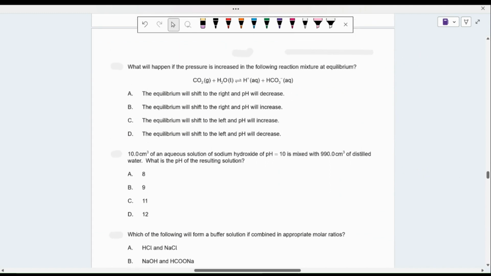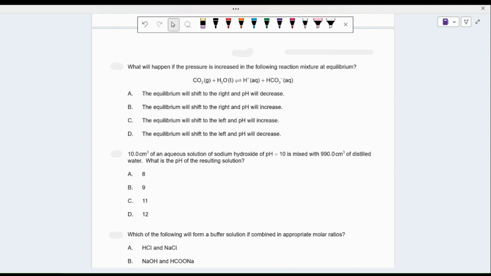What will happen if the pressure is increased in the following reaction mixture at equilibrium? Pressure. So pressure is all about the moles of gas. So if we increase the pressure, the equilibrium will shift towards the side with the least number of moles of gas.